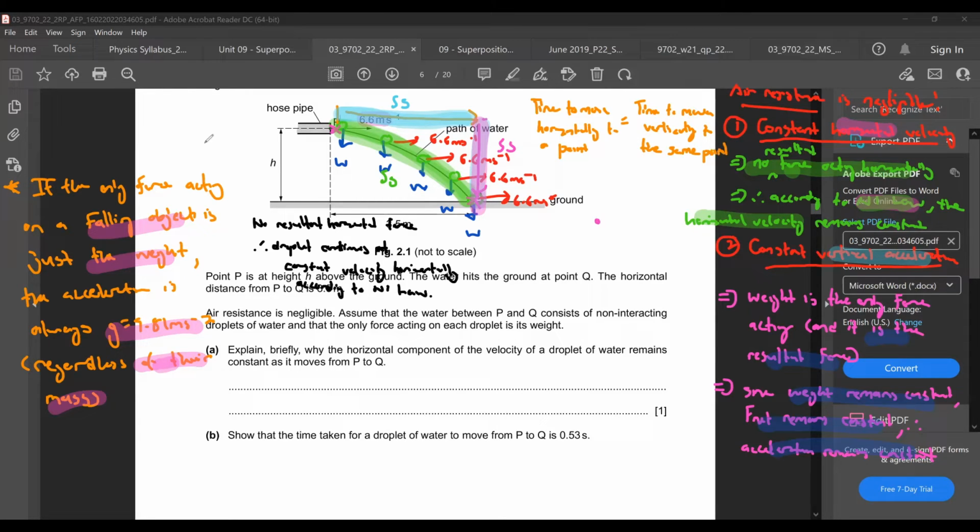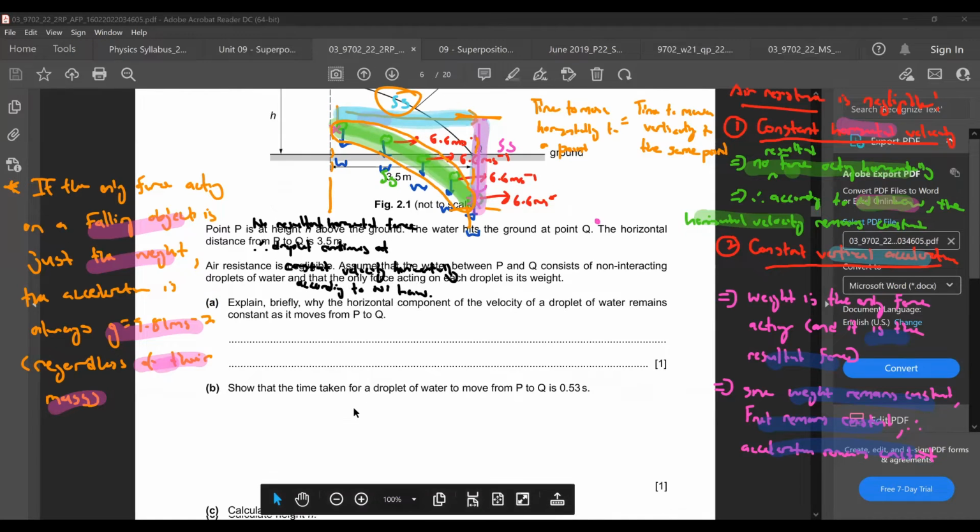Okay. If I tell you you move horizontally from here to here, it took you 5 seconds. Vertically from here to here, it will also be 5 seconds. And likewise, if you consider the entire motion itself, it will also be 5 seconds. Okay, you won't have different times. They will all be moving at exactly the same time.